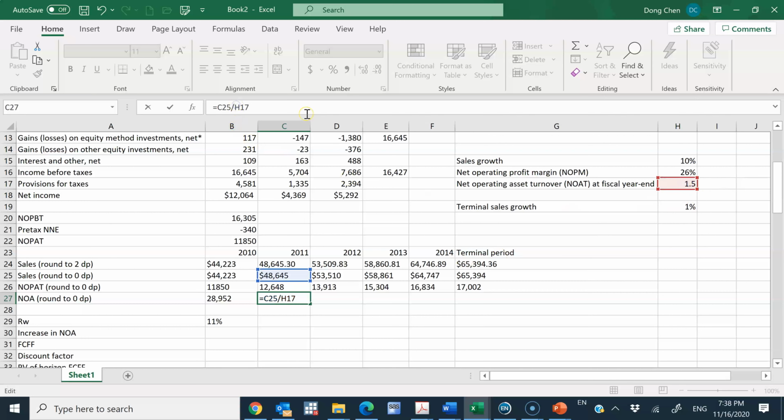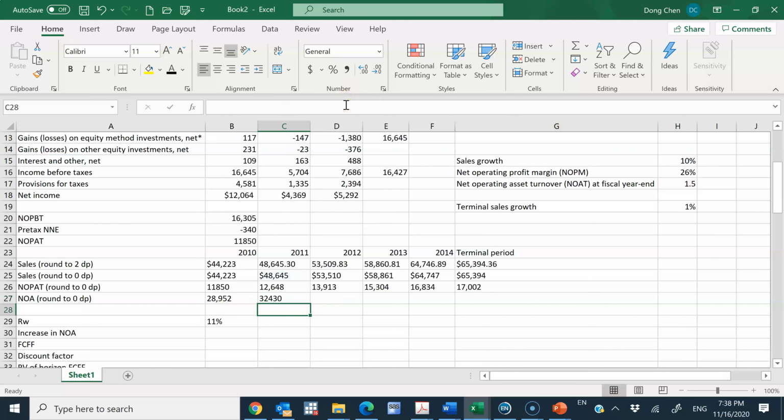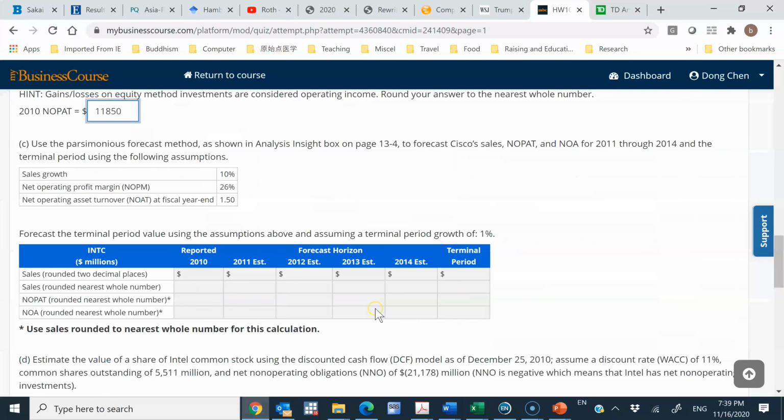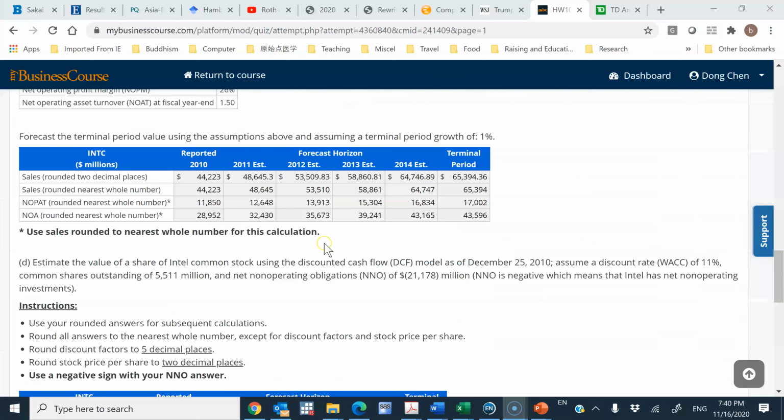For NOAT, I want to fix the cell value and also use the round function to round this to 0 decimal place. So I can also pull the cell to the latest year. So we are done with this, and the rest of the job is simply to copy the numbers back to this table. All right, I'm done with copying all these numbers back to MBC.